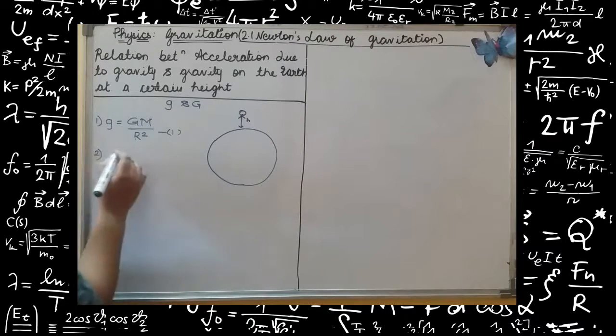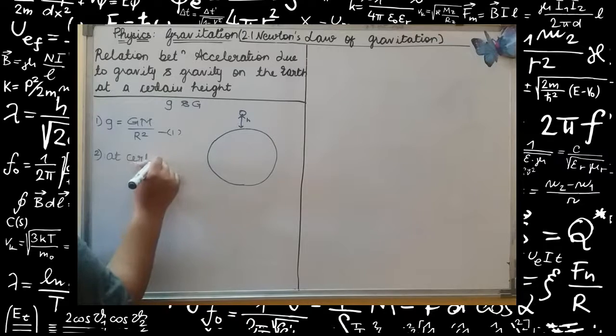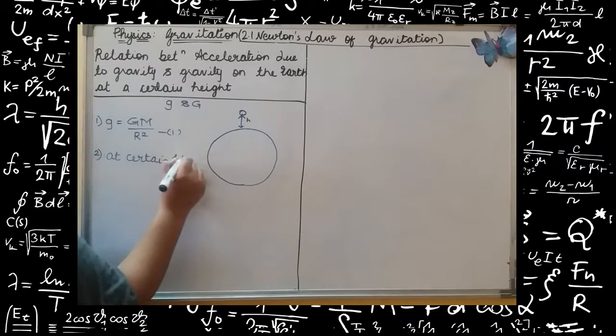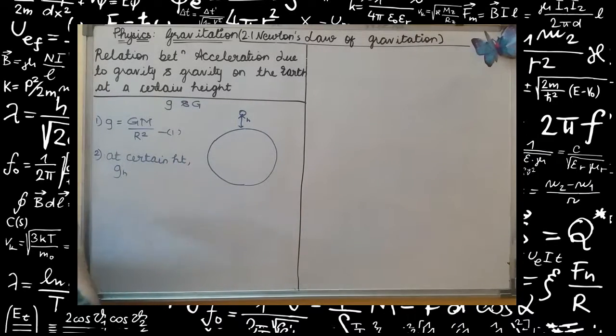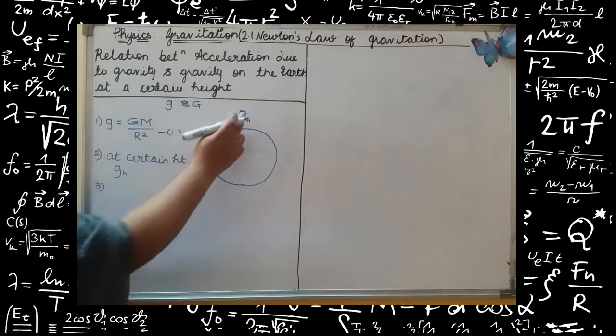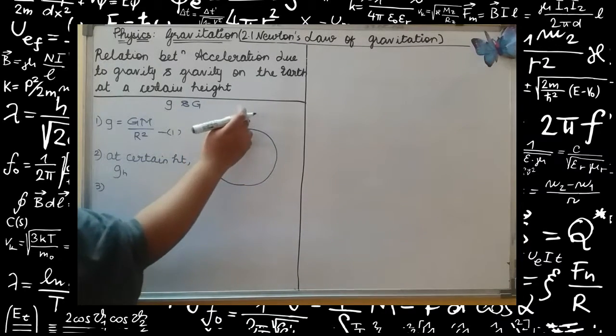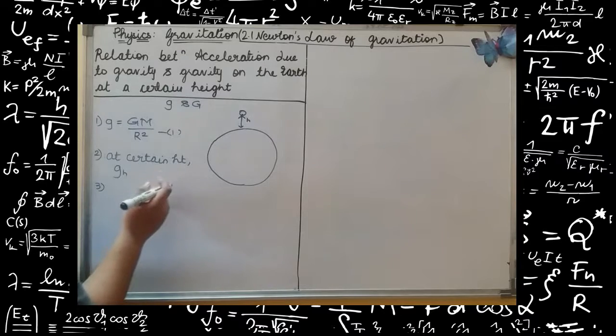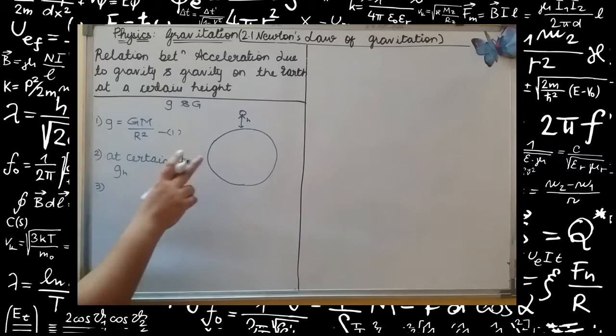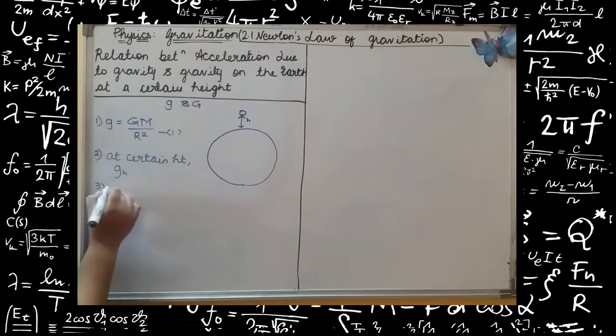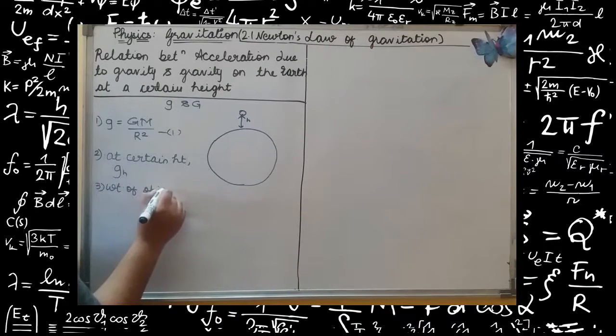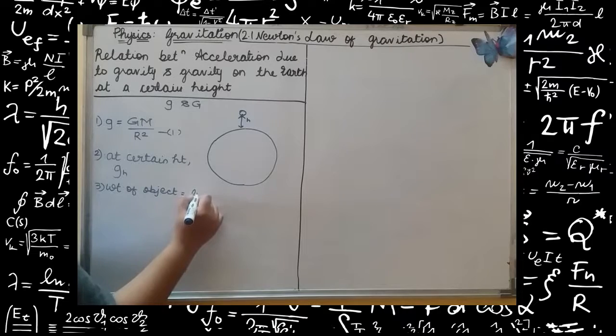Now the acceleration due to gravity at a certain height would be gh. When this body is located at a certain height above earth, there will be two forces acting upon the object. First is the weight of the object and the gravitational force.